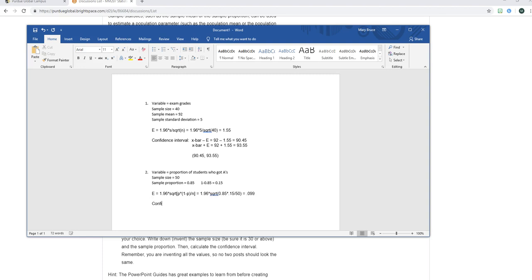To then get the confidence interval, I am now going to just take my P hat minus the E. Well, the P hat was your sample proportion. And remember, we chose 0.85. So I've got 0.85 minus the 0.099. If I put that into a calculator, it gives me 0.751.